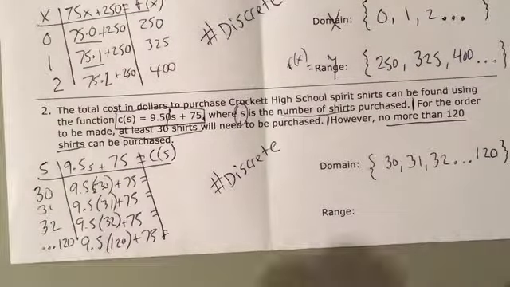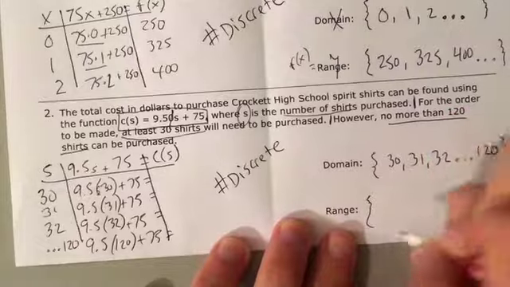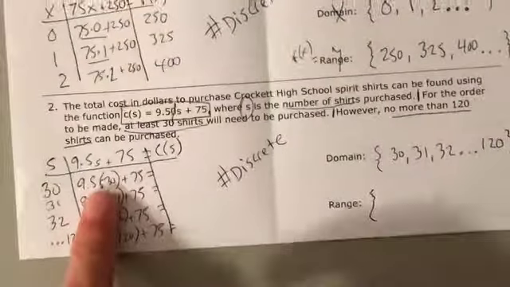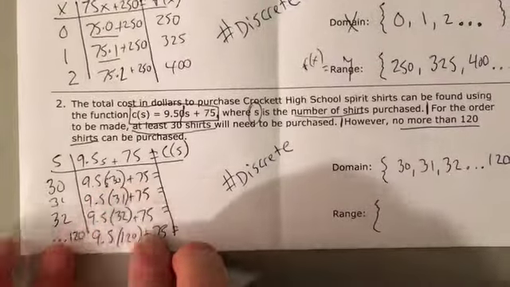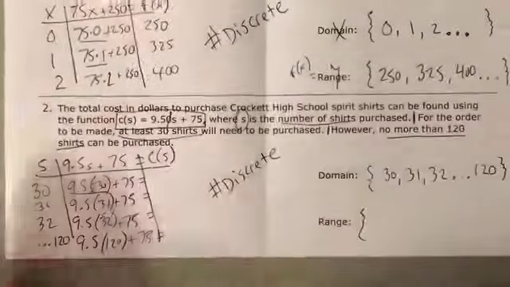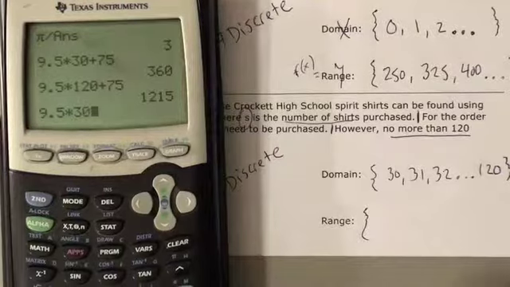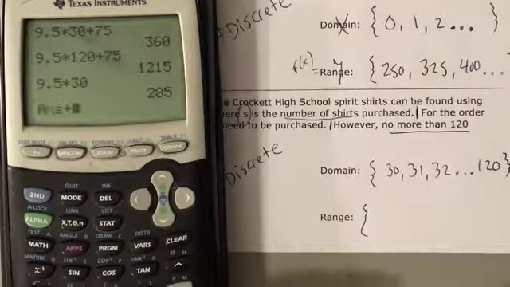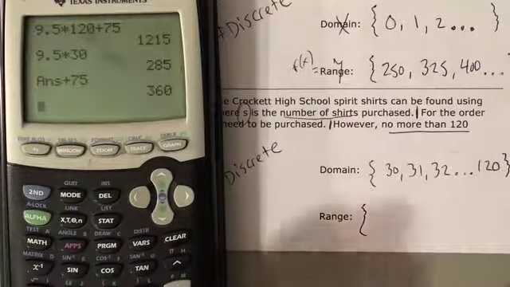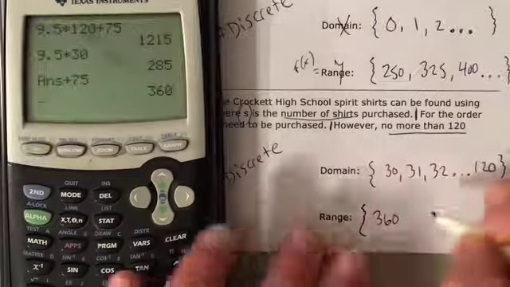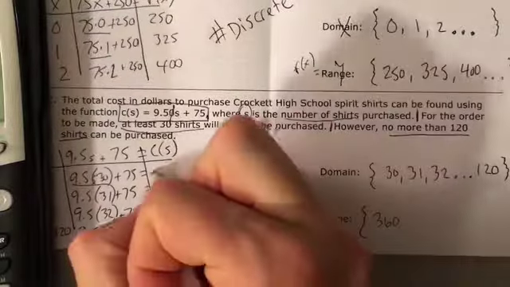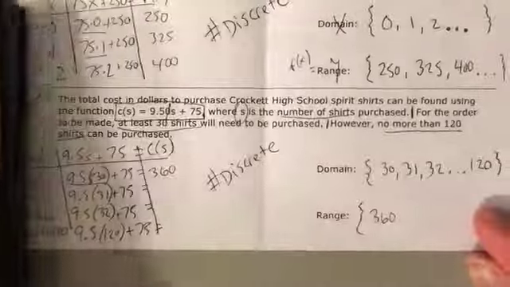So at this point, it just becomes, can you plug things into a calculator, right? If we see a rule that has multiply and then add, you always do the multiply first. So I'll do 9.5 times 30, get my answer, and then add 75 to it. So I'll start with 360. And then you'll see a pretty basic pattern.